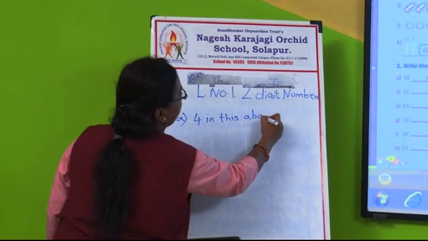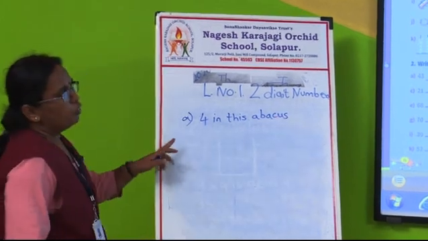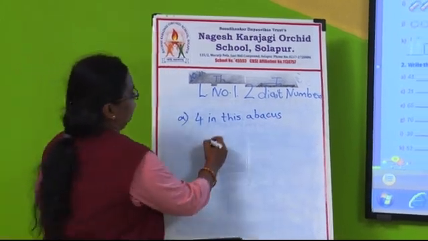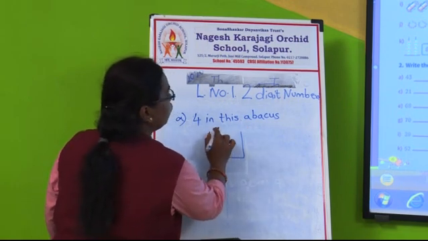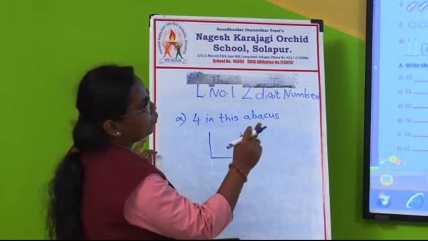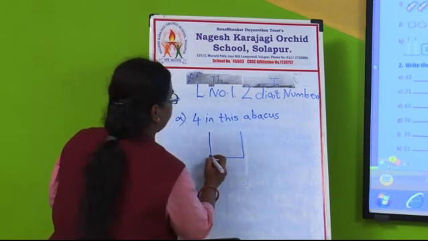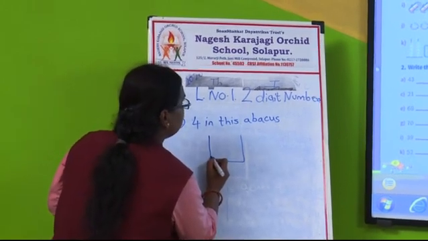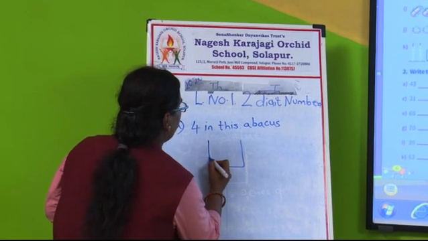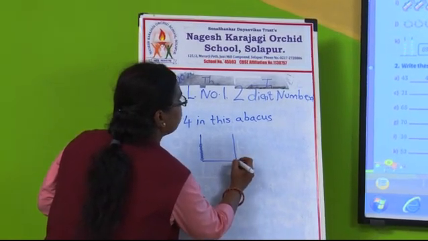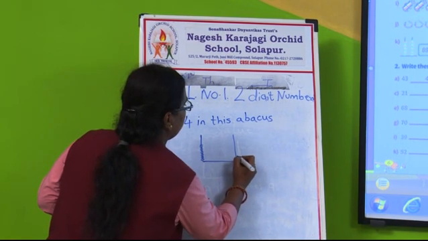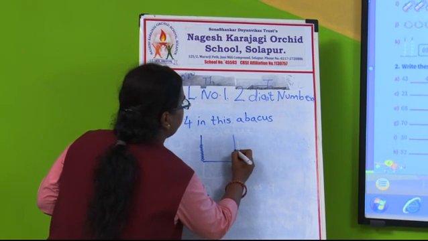Here there are 6 tens, 1, 2, 3, 4, 5, 6, and here 4 ones, 1, 2, 3, 4.